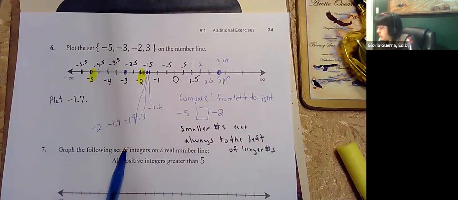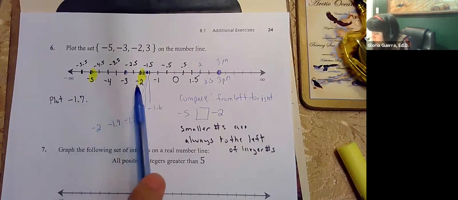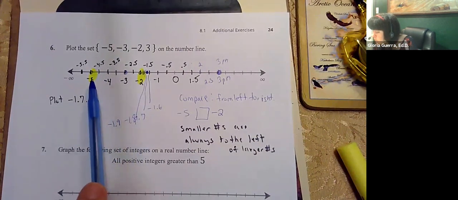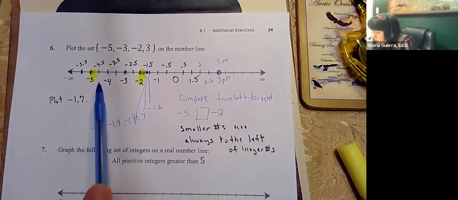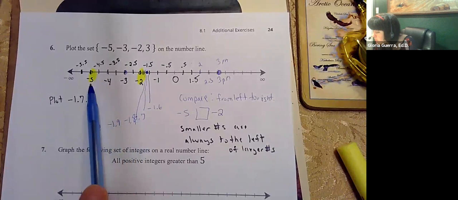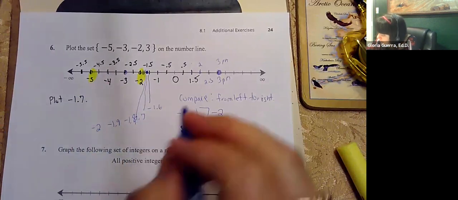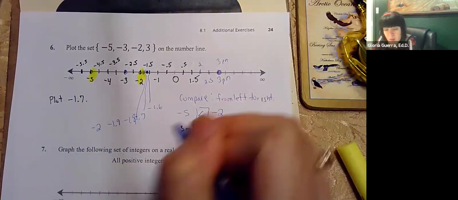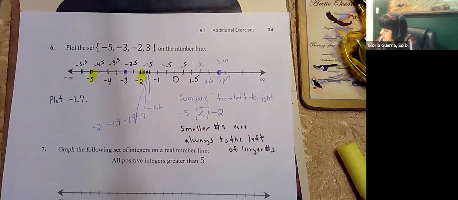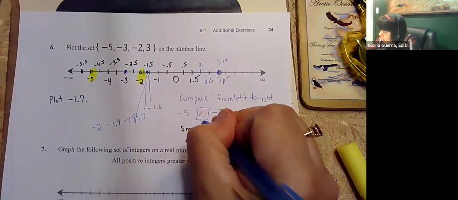So we look at these, the -5 and the -2. This is going to be the smaller number. This is to the left of the trash can, right to the left of that little space there. So -5 is smaller. So that's what we want to do, is write the correct inequality for that. And that would be this. Okay, that means it's less than.